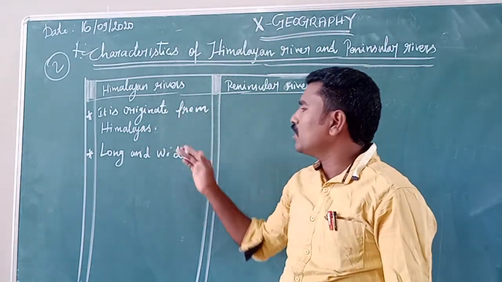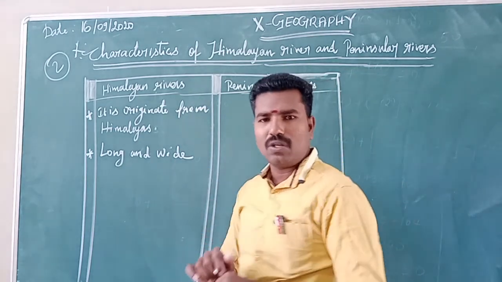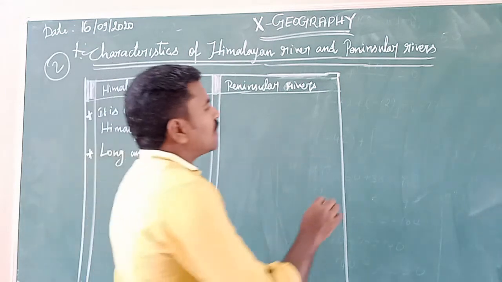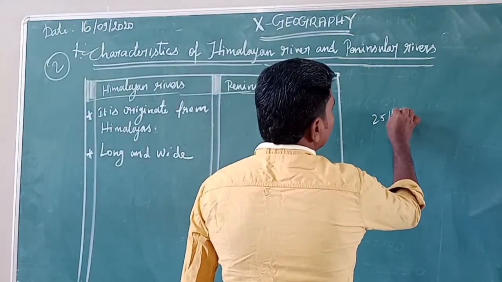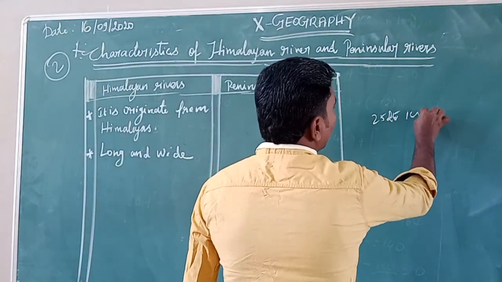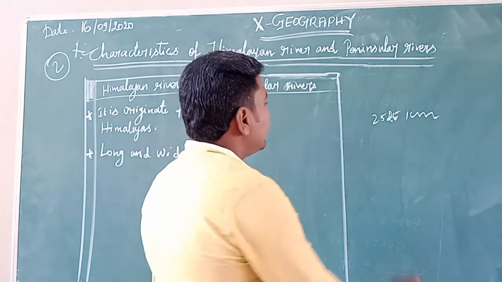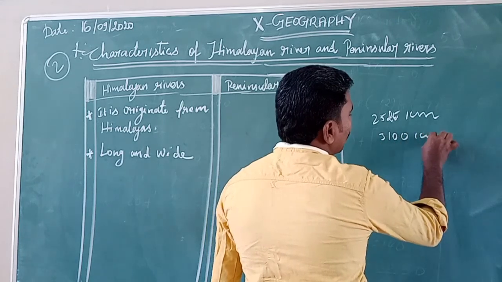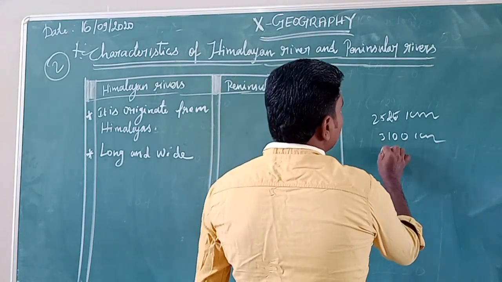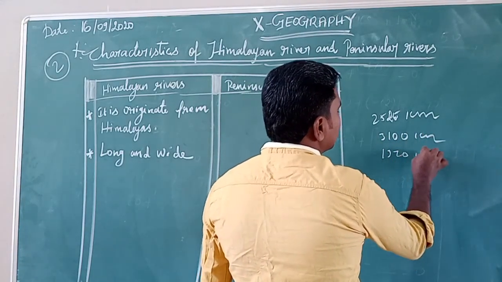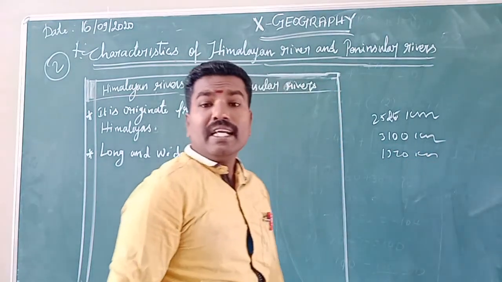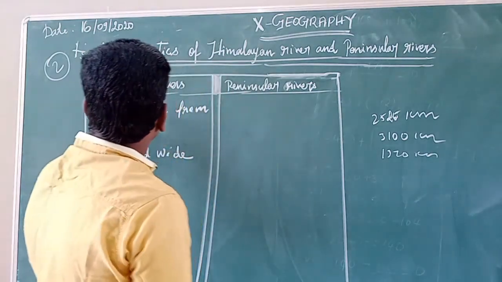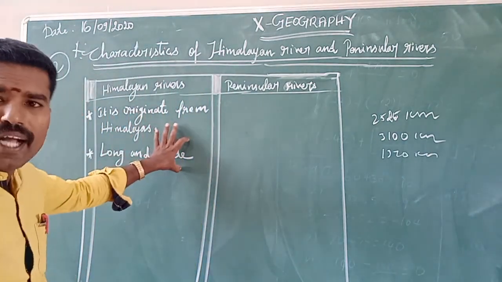And the second important point is long and wide. All the important Himalayan rivers are very long: the Ganga is a 2,425 kilometer long river, the Indus is 3,100 kilometers long, and the Yamuna is 1,370 kilometers long. The Brahmaputra is also very long.